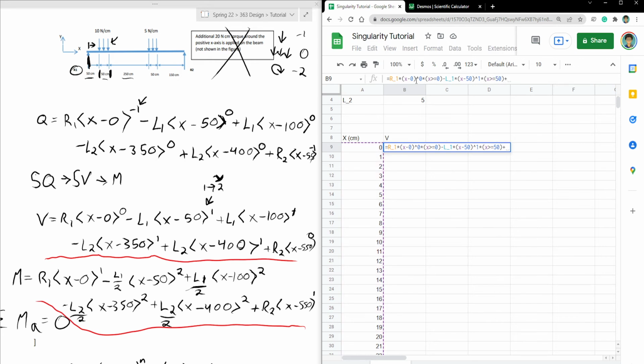And we're just going to go through and do this for all of them. So plus L1 times x minus 50 to the power of 1 times x is greater than or equal to 50.